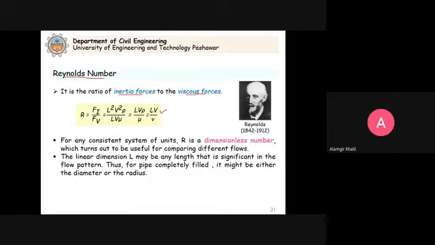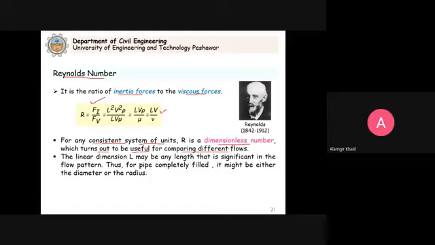For pipe flow we consider L to be the diameter. For any consistent system of units, this is a dimensionless number. As I already said, it is the ratio of two forces, so the units cancel out. That's why it turns out to be useful for comparing different flows.